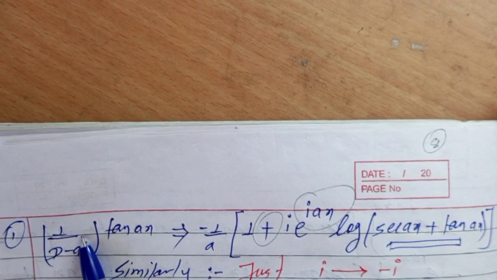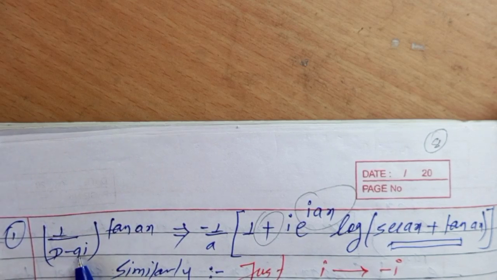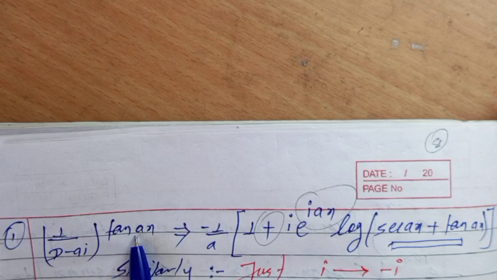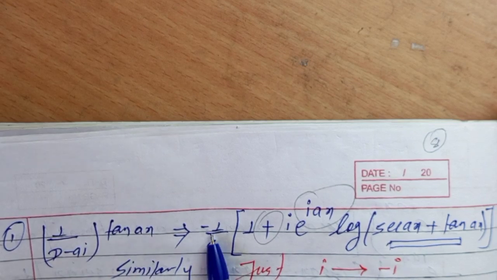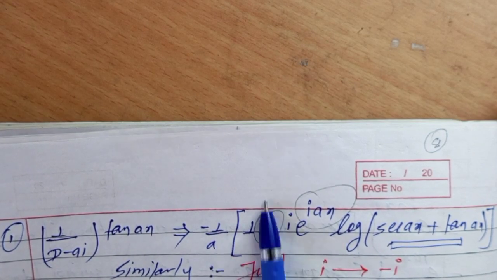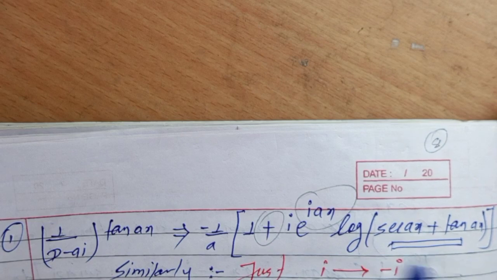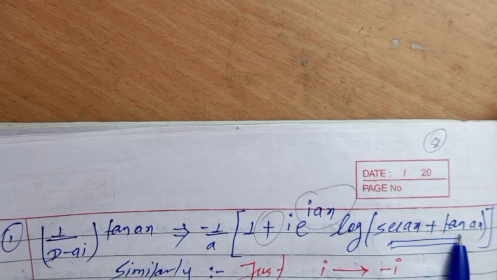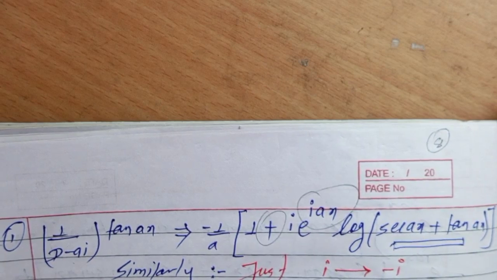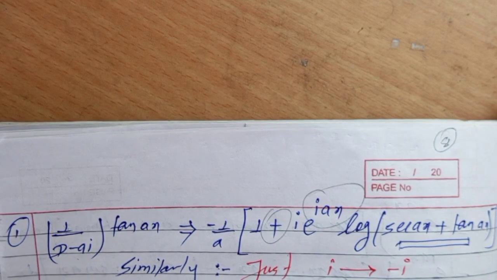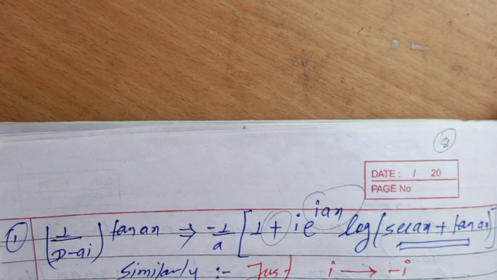So just we are solving 1 by d minus ai on tan ax. So we got up to this expression, minus 1 by a, whole bracket, and we got inside this much term. But there is still one of the terms remaining, that is 1 by d plus ai.